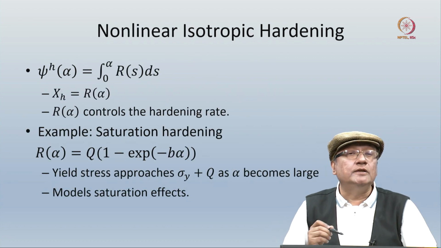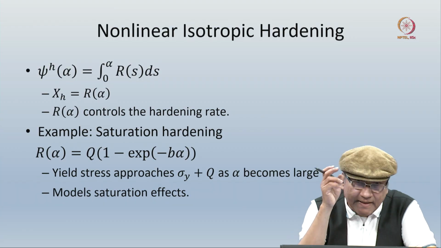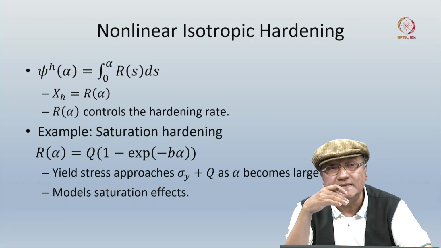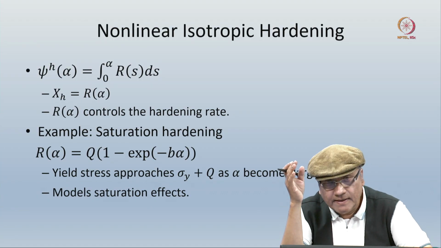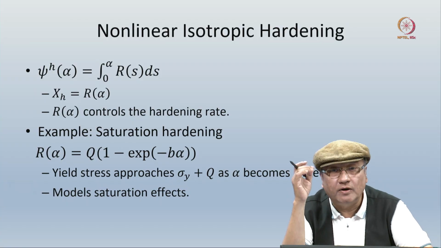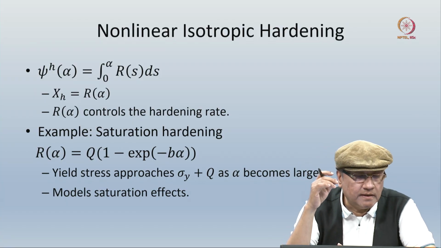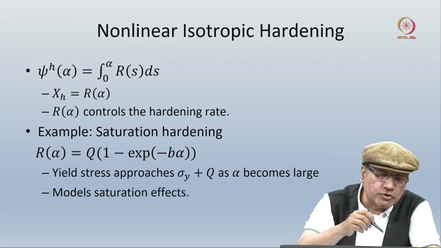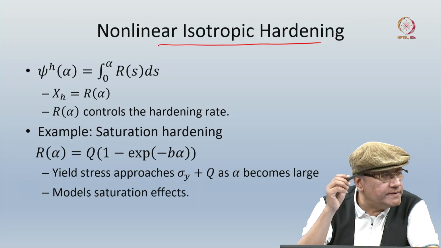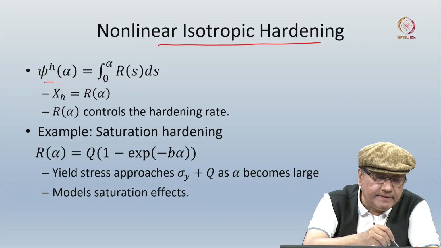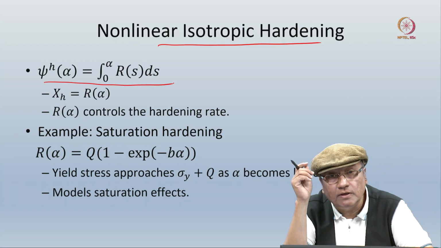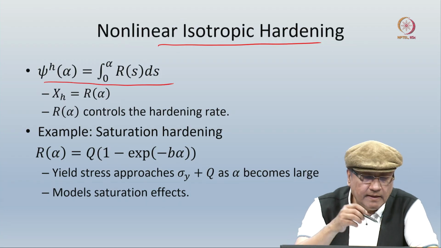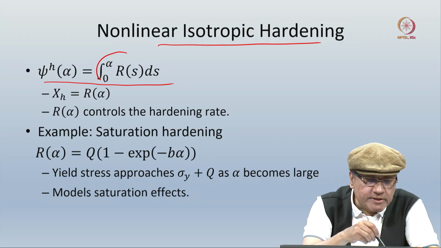But one way of restricting this indefinite swelling up of the yield surface, not damage directly, is to use nonlinear isotropic hardening. What we do here, we define the psi h as a function of alpha, what is shown here.